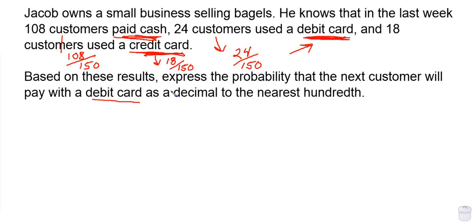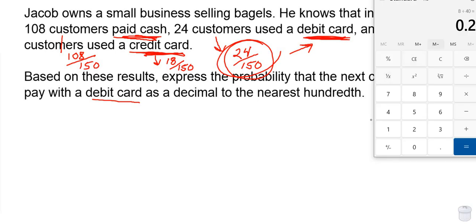But the question is, express the probability the next customer will pay with a debit card. So we are interested in these 24 here. In the past, out of every 150 customers, 24 of them would pay with a debit card. If we divide 24 divided by 150, let's get our calculator out here. 24 divided by 150 would give us 0.16.